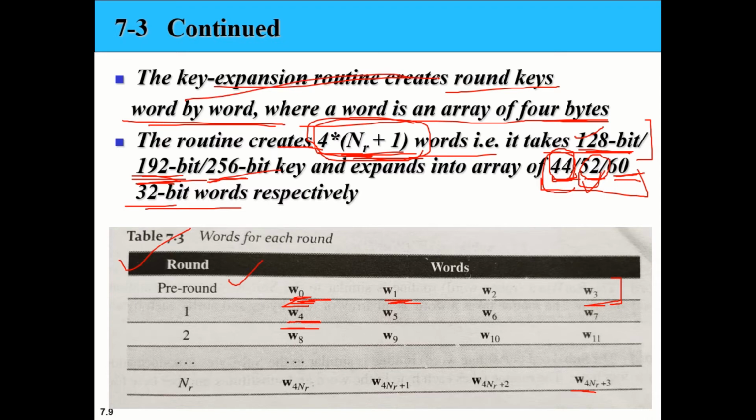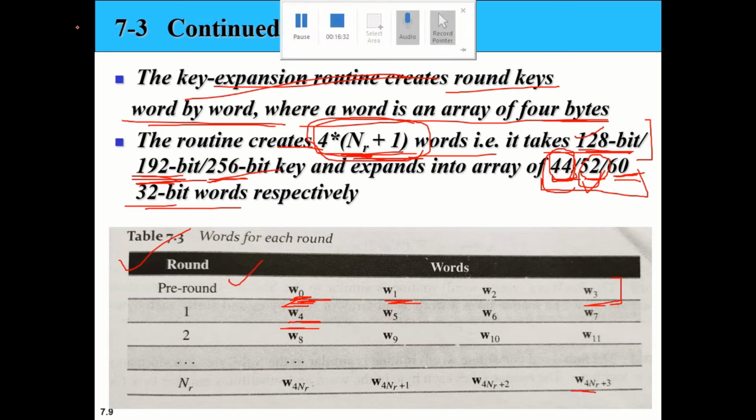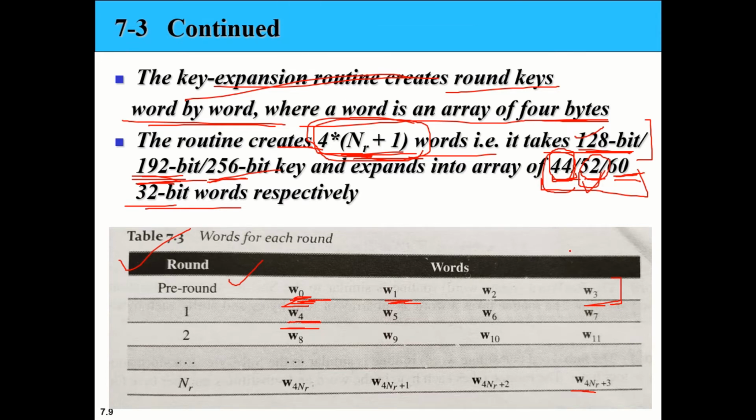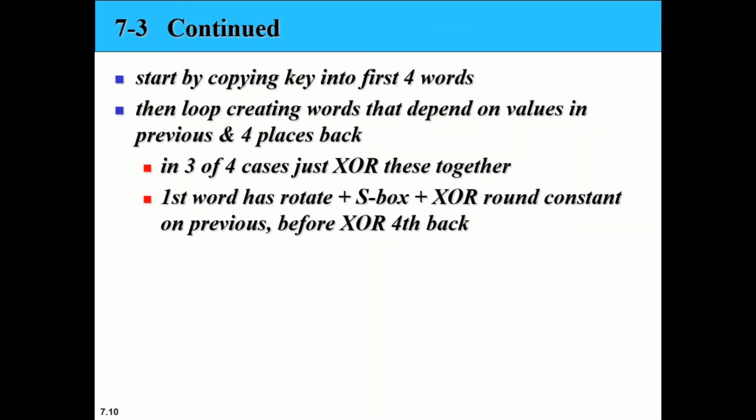We'll be discussing this process in detail, how we convert the initially given 128-bit key, or these four words of key, into 44 words of the key, so that we can make use of a different key, made from the initial cipher key, for each and every round, right? So we will now be understanding this key expansion process.